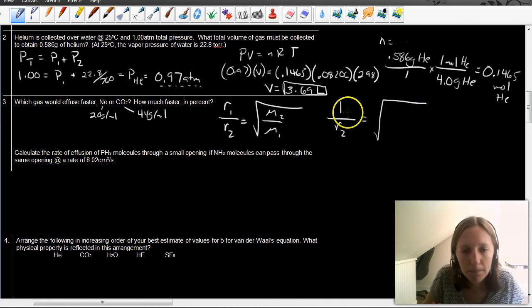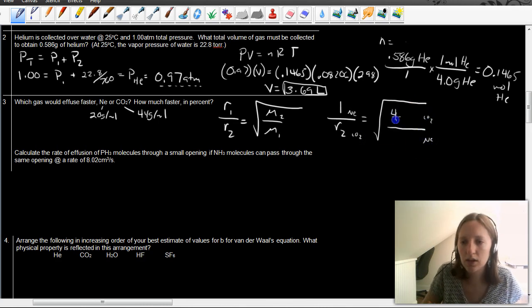That's rate 1, that's for neon, and this is carbon dioxide. Carbon dioxide has a molar mass of 44, and neon has a mass of 20. So you do 44 divided by 20, square root, and that's 1 over R2 equals 1.48.